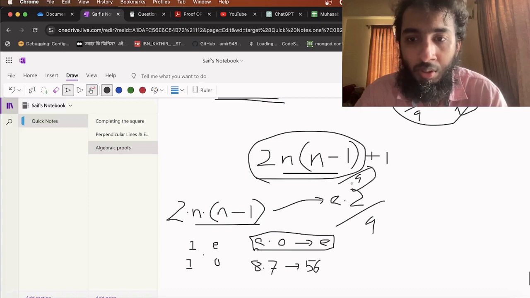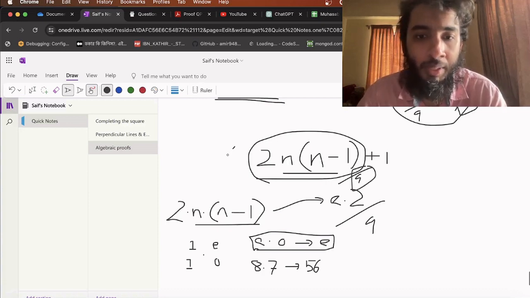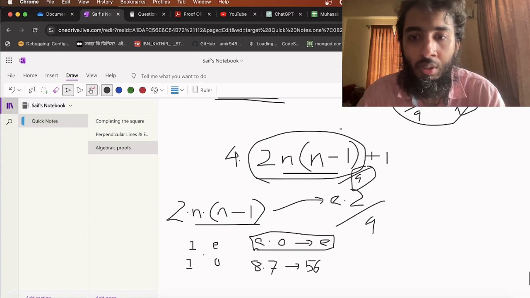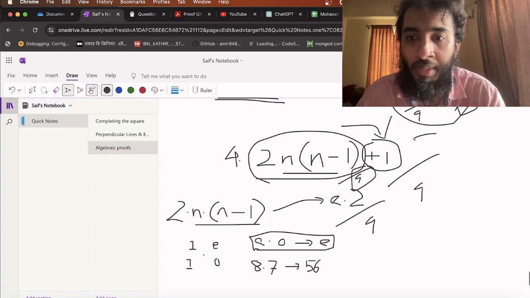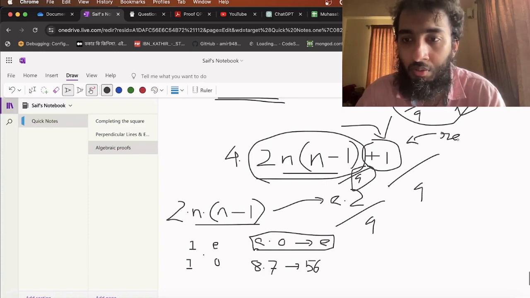When divided by 4, this will yield a whole number. So what will be that this term plus 1, when divided by 4? This will always yield a remainder of 1.